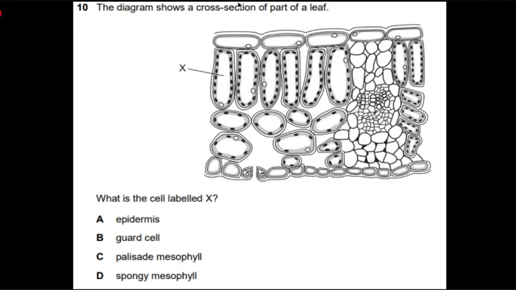Another interesting question is saying the diagram shows a cross section of a part of a leaf. Okay, so we have a part labeled X. The question is saying, what is the cell labeled X?